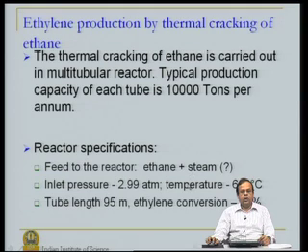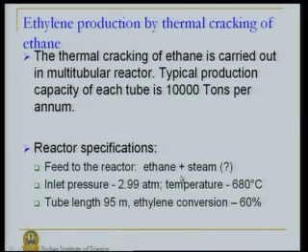Then, for example, the feed inlet pressure is about 3 atmospheres, and the temperature is about 600 or 700 degrees centigrade. Now, who told us to have an inlet pressure of 3 atmospheres and a temperature of 700? Why not 100 atmospheres and ambient temperature?